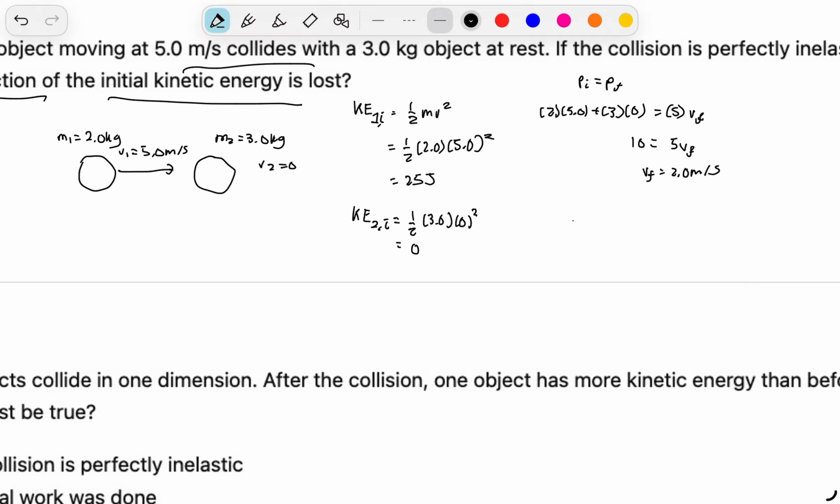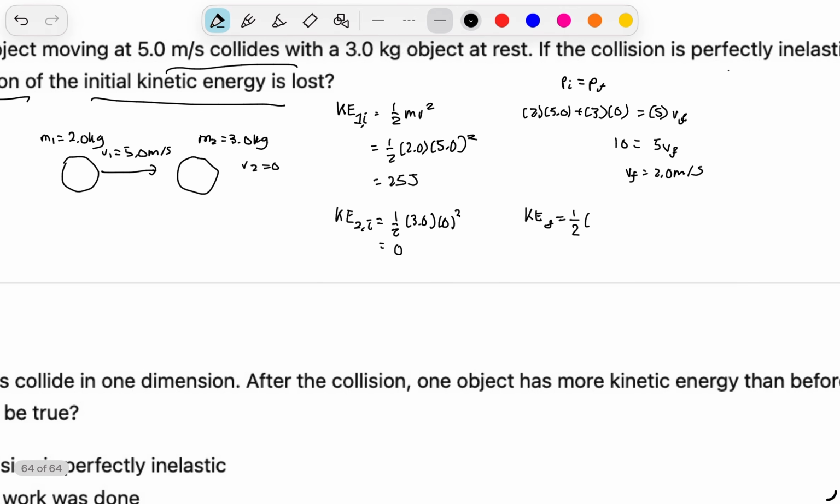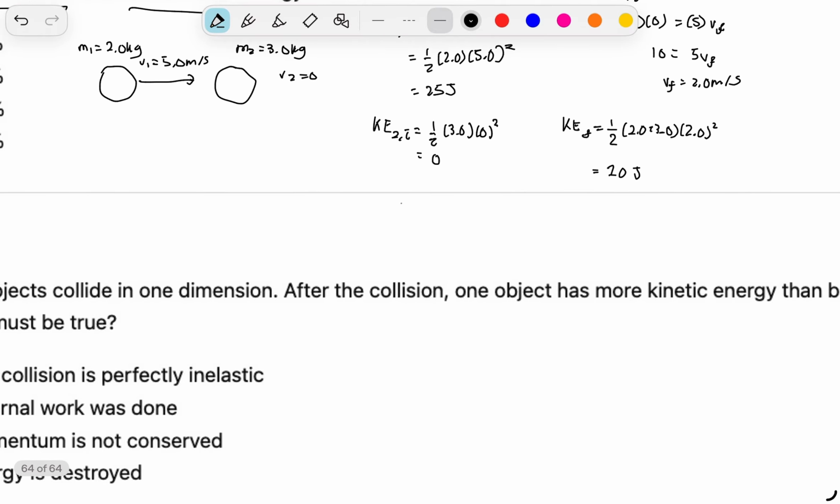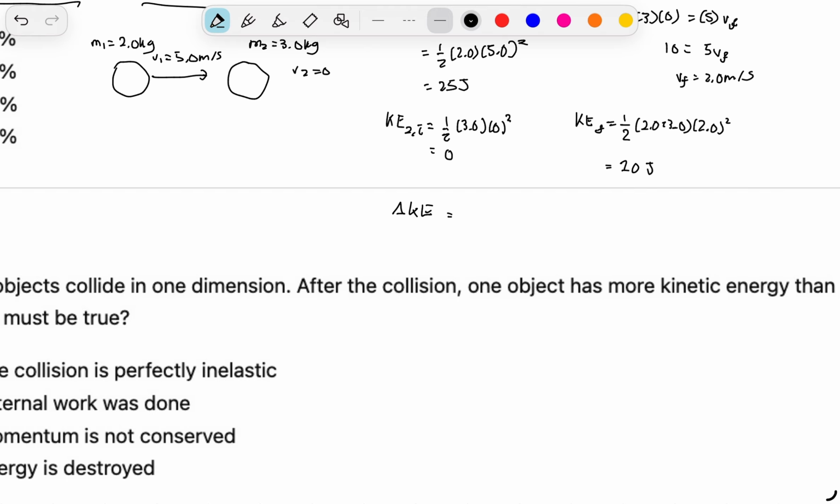So now you can find your final kinetic energy. So you have an inelastic collision, so that means that you have to sum the masses. So now you have 10 joules. Now you find your delta K, kinetic energy, 1/2 5 times 2.0 squared.